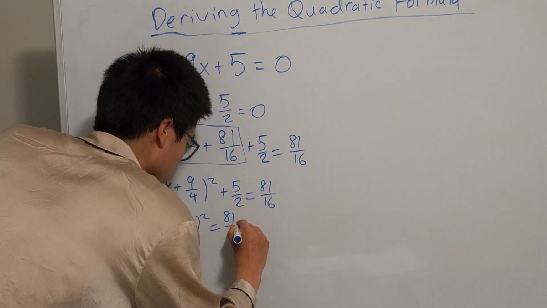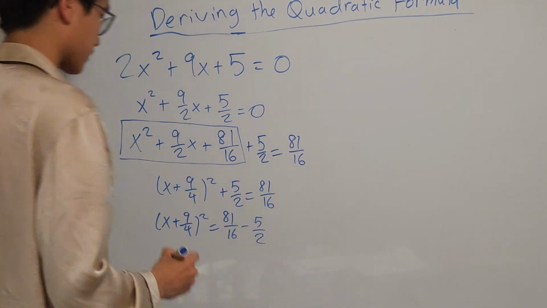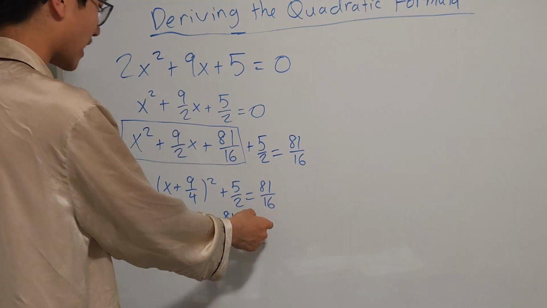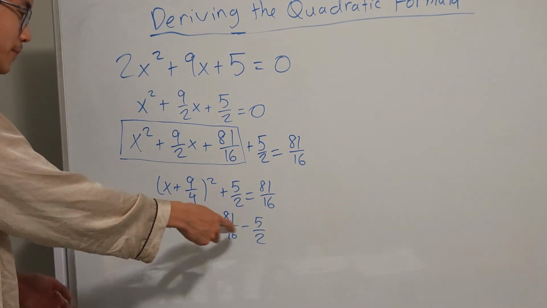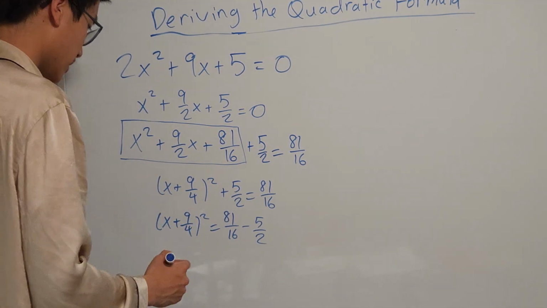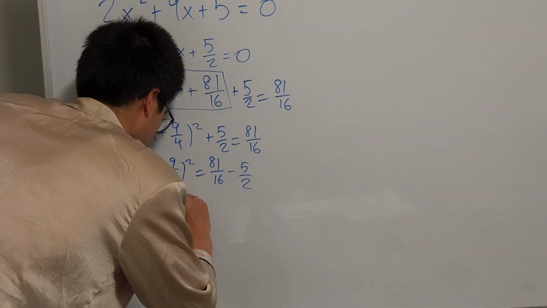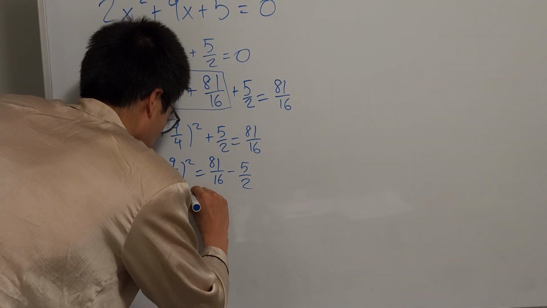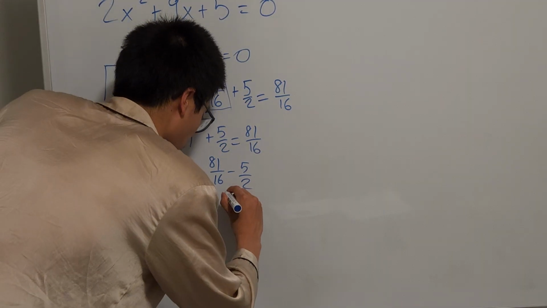So 81 over 16 minus 5 over 2. And here we can just multiply numerator and denominator by 8 in order to get the same denominator here, and we get x plus 9 over 4 squared. This will be 41 over 16.